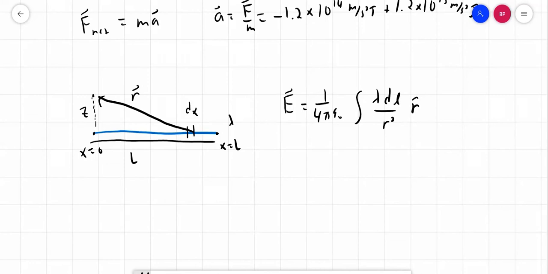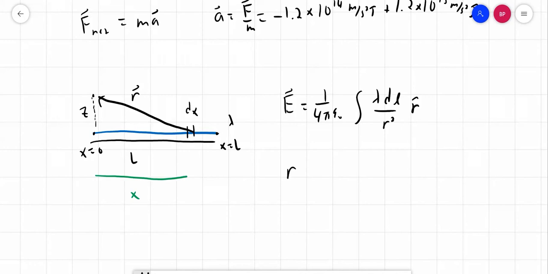All right, so because we called this point x equals 0, the distance from here to this arbitrary dl here is just the distance x. So if I'm at dx at this little place here, and I want to get to where I want to know the field, I have to walk negative x in the x direction, and then up z in the z direction, if this is the z direction.